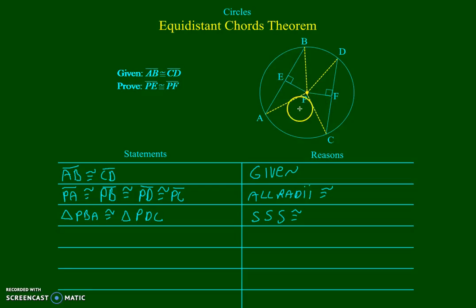Because these two triangles are congruent, any corresponding parts are congruent, so PE is congruent to PF, by CPCTC.